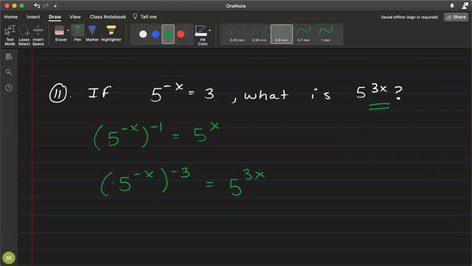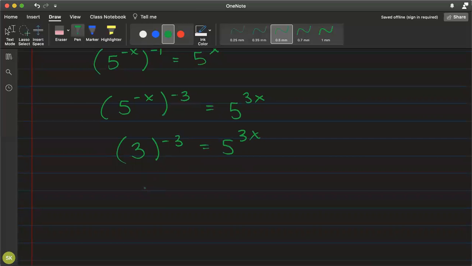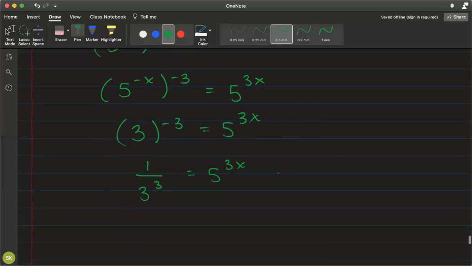So if I know what this side is, that will give me this right-hand side, which is what I want to find. But I know 5 to the negative x is 3. So we get 3 to the negative 3 is 5 to the 3x. But 3 to the negative 3 is the same thing as 1 over 3 cubed. And 1 over 3 cubed is 1 over 27. So that's our answer.